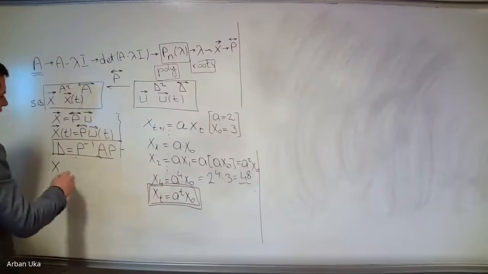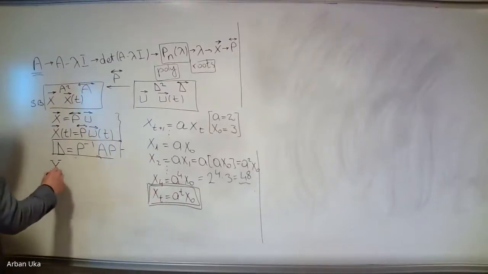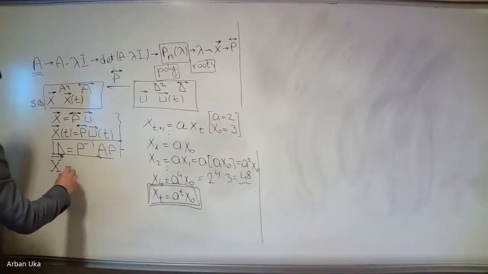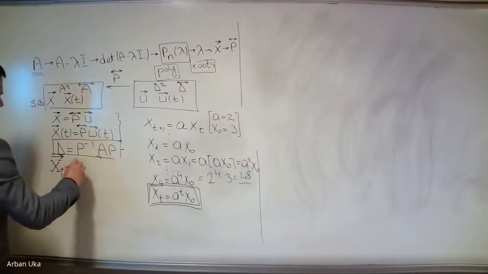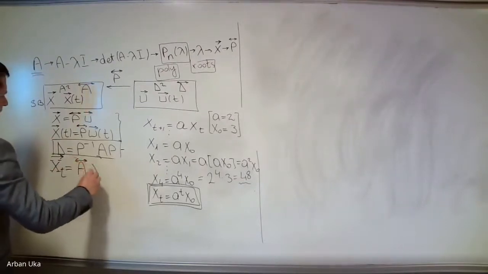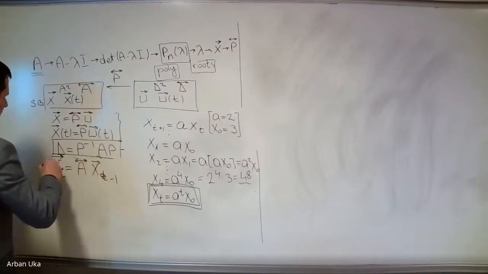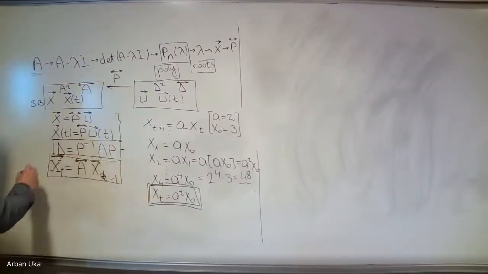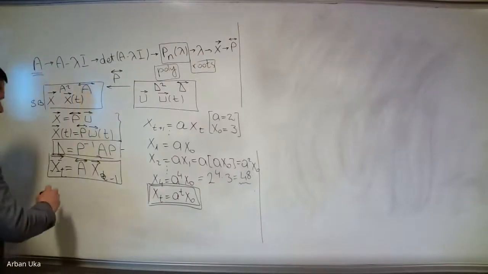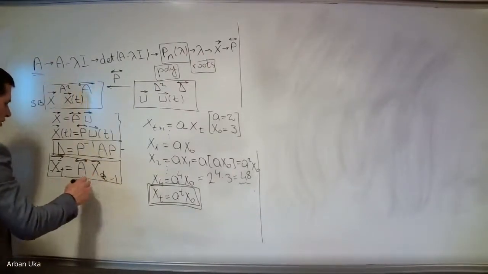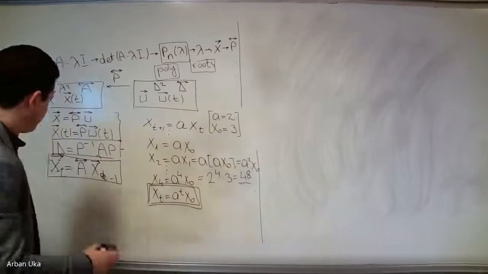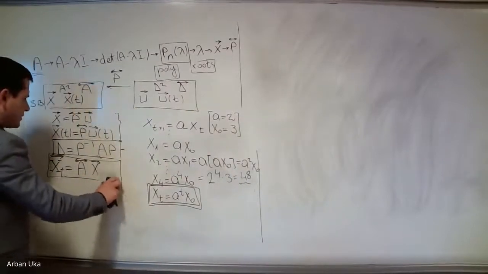Now, here we are just dealing with numbers. But this does not have to be a number. This can be a vector, where we can have that xt is equal to a matrix A times x_{t-1}, okay? So this is the fundamental relationship between any two vectors. Sorry, this becomes a little messy. This is t minus 1.